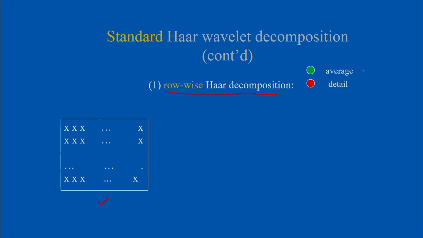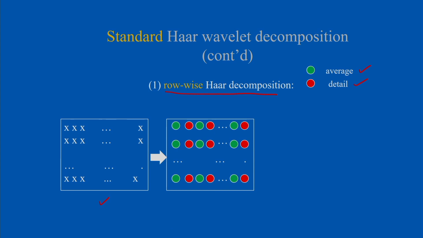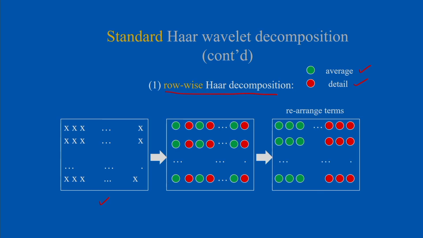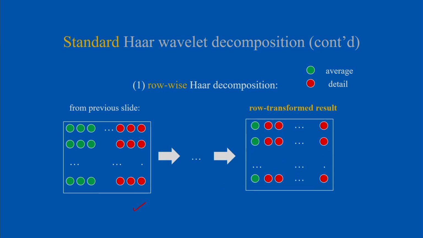So I will be getting the approximate component, that is the green, and the detail, that is the red. You can see along the rows I am getting the approximate value and the detail value, and after this I am rearranging terms. Like this we have to do the decompositions, and finally after rearranging I will be getting the row transform result, that is the row wise Haar decomposition.